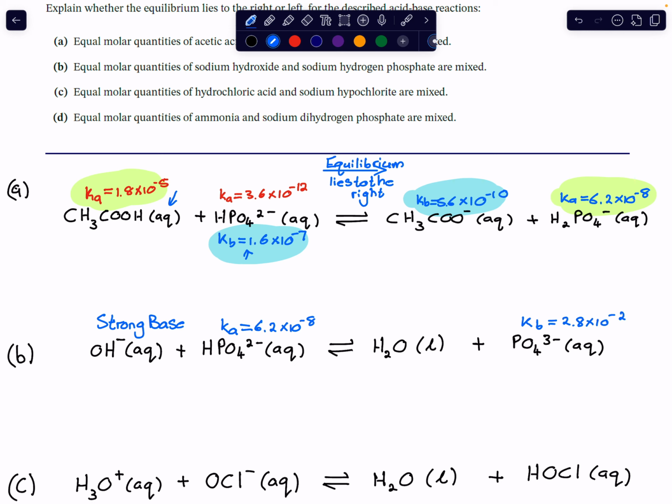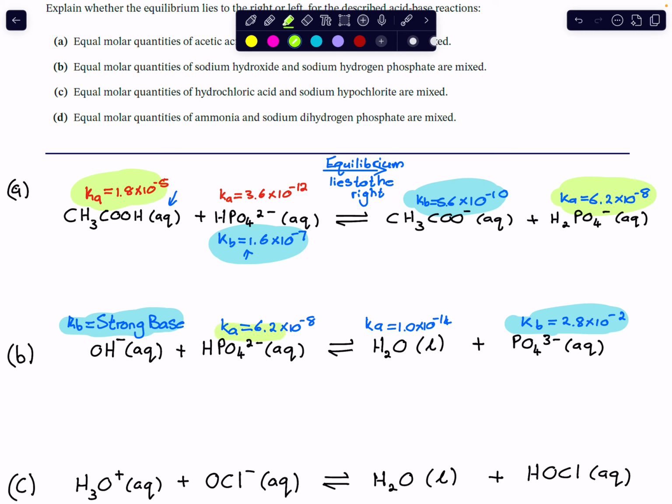Now let's compare. The Kb of OH is strong, so it's a strong base. The water doesn't really have a Ka; the only Ka you can look up is its Kw, which is 1.0 times 10 to the negative 14. So if we compare the Kb with the Kb of the conjugate, we see that the sodium hydroxide has the stronger Kb.